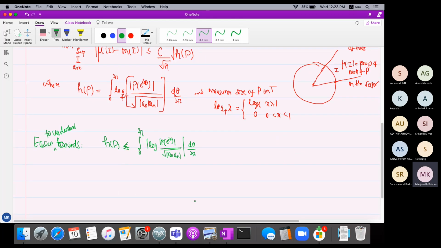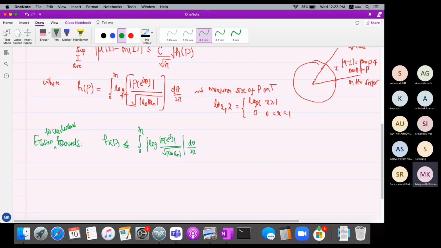Okay, this is not particularly better either. This is still the integral of a logarithm. You can write it like this, just that this is better than this. But this can be bounded.